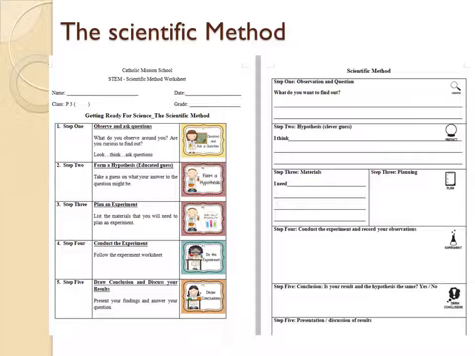To check your hypothesis, whether you're correct or are there any other variations to your answer, you have to plan an experiment. You have to conduct an experiment. So before we conduct the experiment, we have to plan because there are certain things you need for the experiment. So you have to prepare all the materials that you need for the experiment.